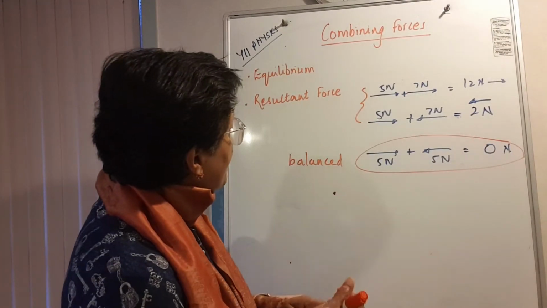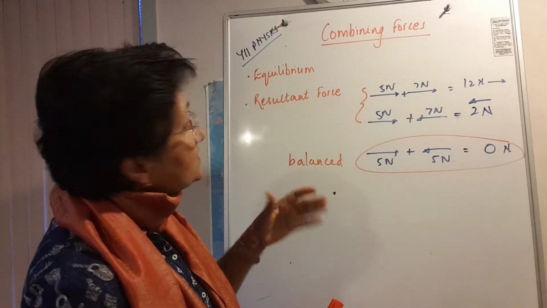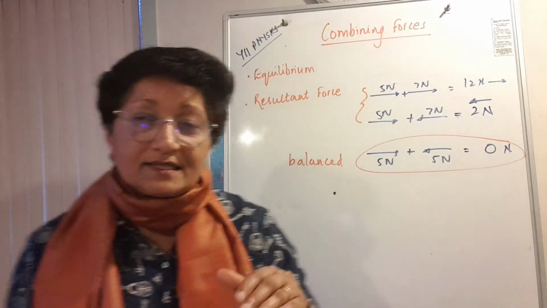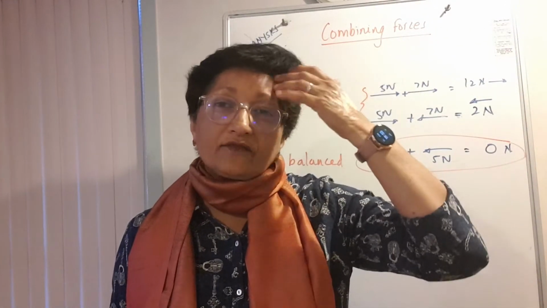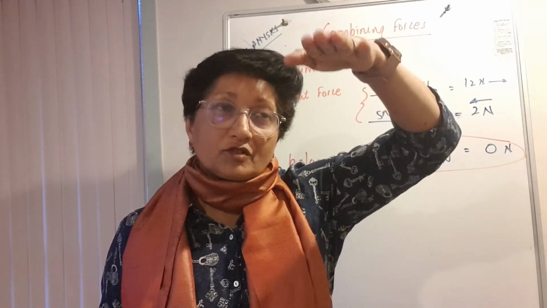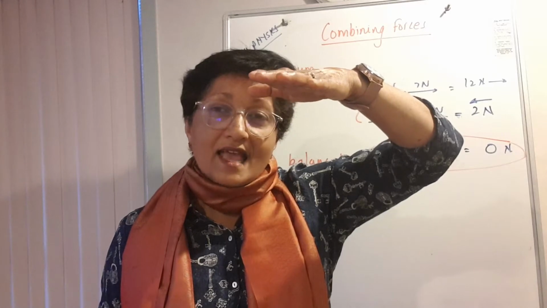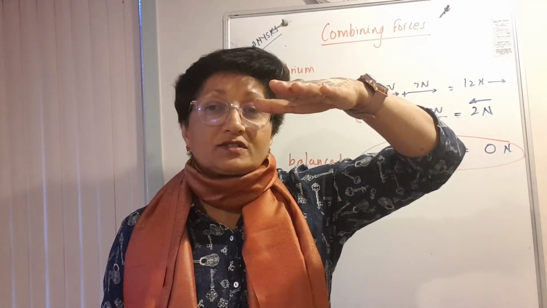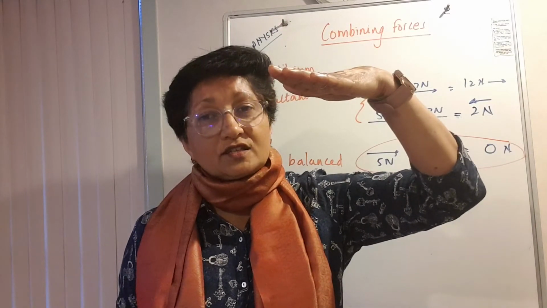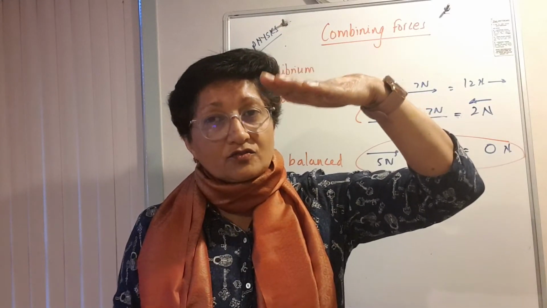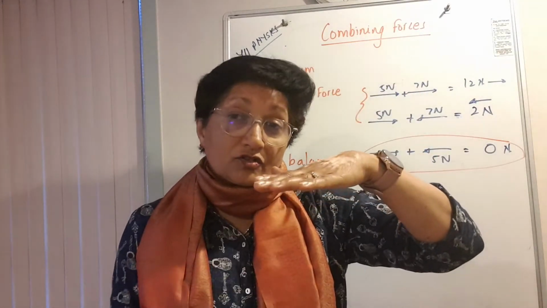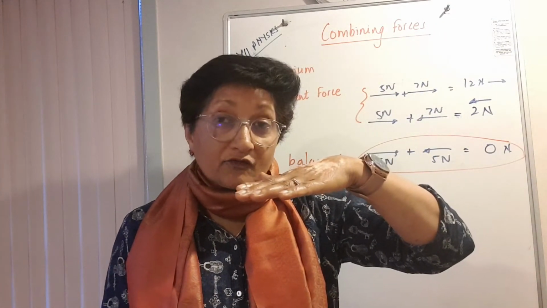The other thing I want to talk about is another situation when an object is at equilibrium. Let's say a parachutist jumps off a plane and doesn't open the parachute straight away. The moment they jump off the plane, their initial velocity is 0, but they're accelerating towards the ground, so your velocity gets faster and faster because of the pull of the gravity force.